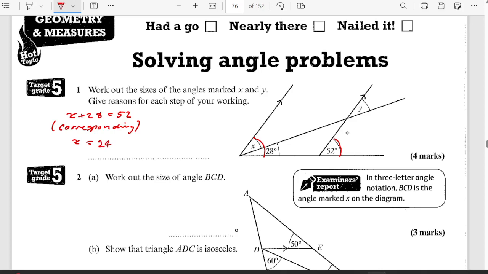Y for Y. I was just looking to see whether there's a short. Oh no, Y is also going to be equal to that. So Y is going to be equal to X, and the reason is that they're corresponding as well.